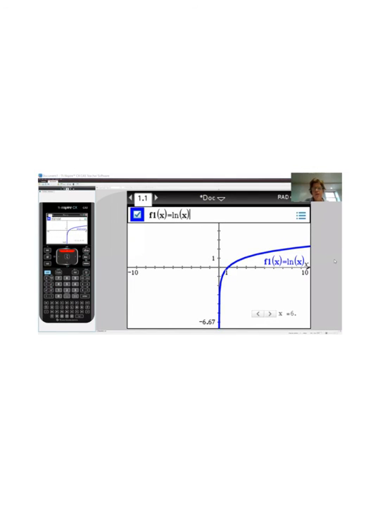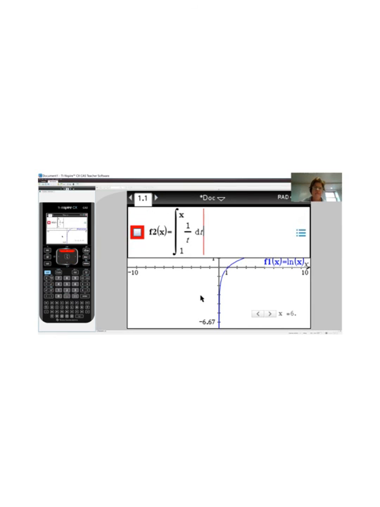Okay, so I wanted to show you the graphical interpretation of what we've been doing. I graphed y equals the natural log of x in f1, and f2 is defined to be the definite integral from 1 to x of 1 over t dt.